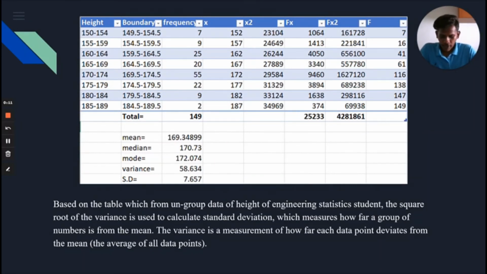The variance formula is sigma fx square minus sigma fx square divided by sigma f, all of it divided by sigma f minus 1, which we will get 58.634. Standard deviation is equal to square root of variance. Square root of 58.634 is equal to 7.657.